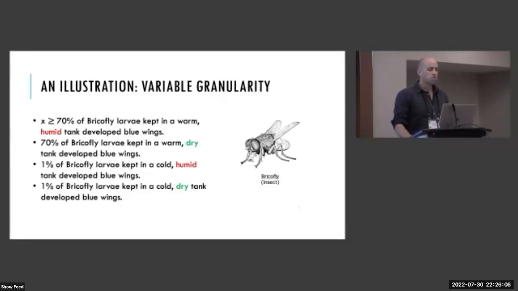Right. So here's an illustration of this idea of variable granularity, one of these dimensions along which variable choice matters in causal representation. So suppose that I give you this data.